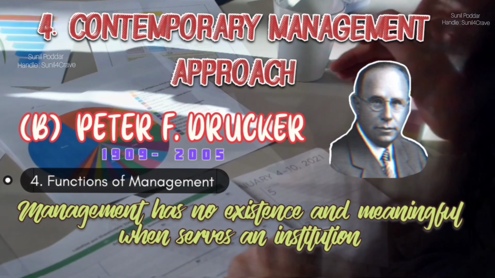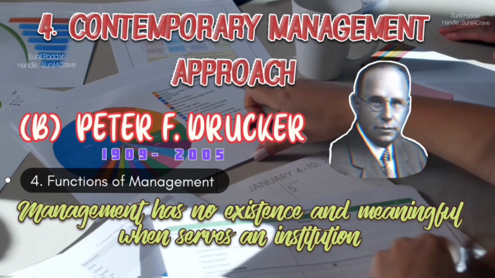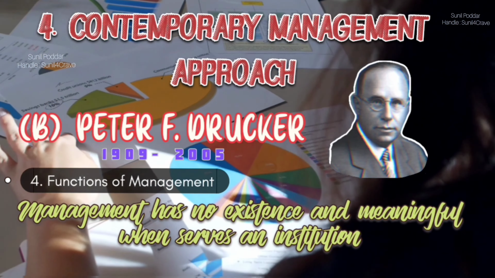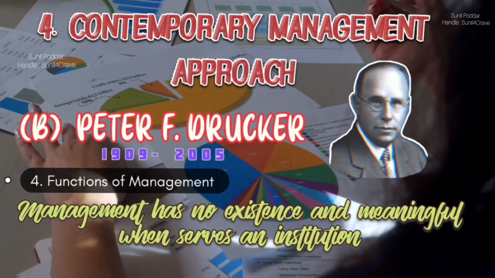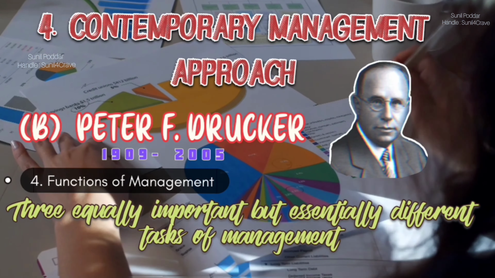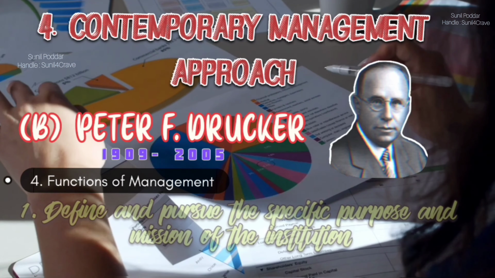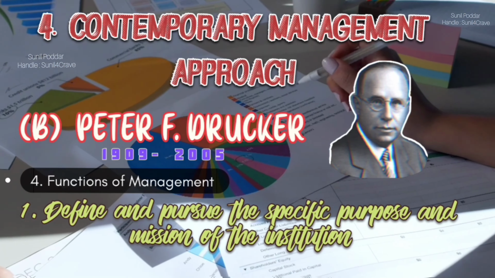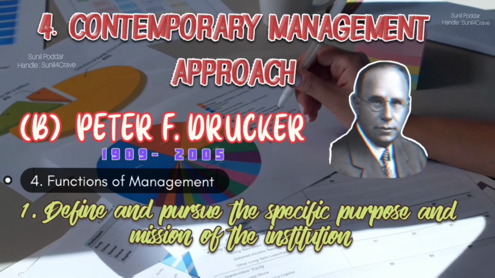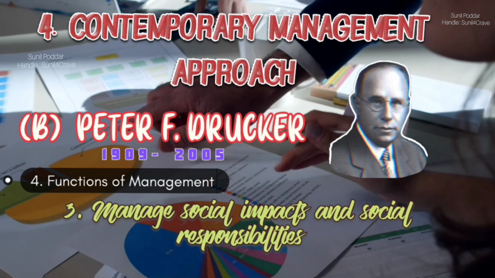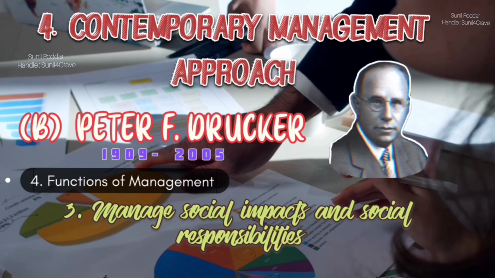Functions of management. Management has no existence in itself and is only meaningful when it serves an institution. There are three equally important but essentially different tasks of management: define and pursue the specific purpose and mission of the institution, make work productive and workers achieve, and manage social impacts and social responsibility.